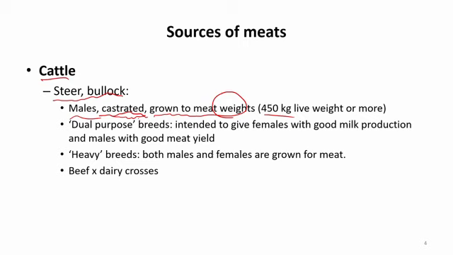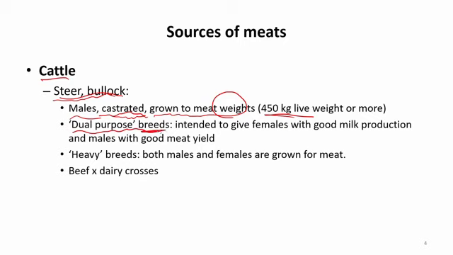This is to have them grow without the need of looking for female friends, something like that. So they will just eat, enjoy life and grow and give all priority into making the body, making meat. In this group, we may have also what we call dual purpose breed.